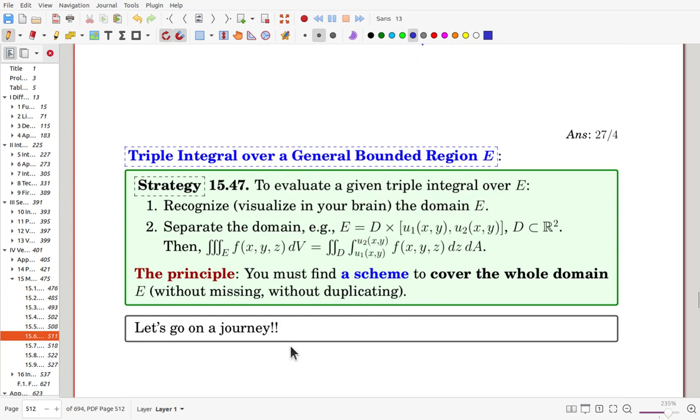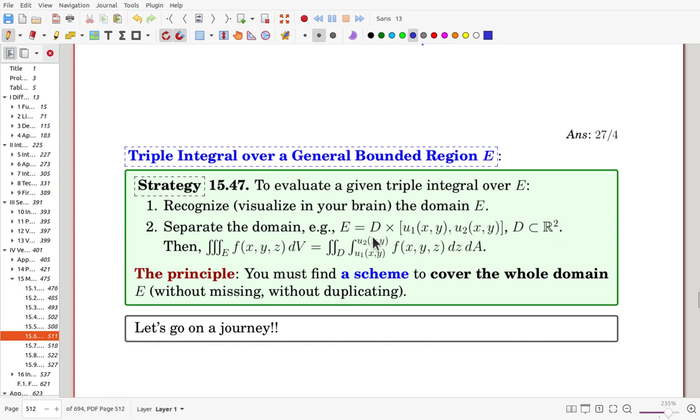Triple integrals can be applied for a general bounded region E. In this case, a good strategy to get the triple integral is as follows. First of all, you have to recognize the domain. So try to visualize it in your brain or on paper. And then separate the domain into two portions.